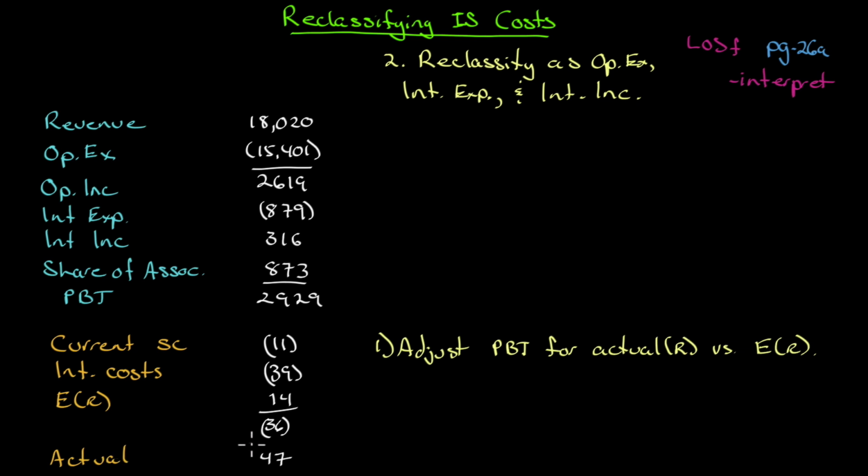We actually saw 47. So I have number 1 down here, then we'll do 2. I just did it backwards because I need more room up here to solve number 2. So let's adjust the profit before tax for the actual return versus the expected return. And this couldn't be easier. What is our actual return here? Our actual return, if we would have put in 47, we would replace the expected return, which is 14.